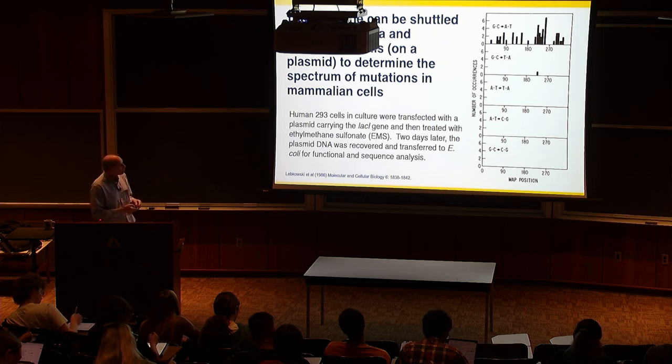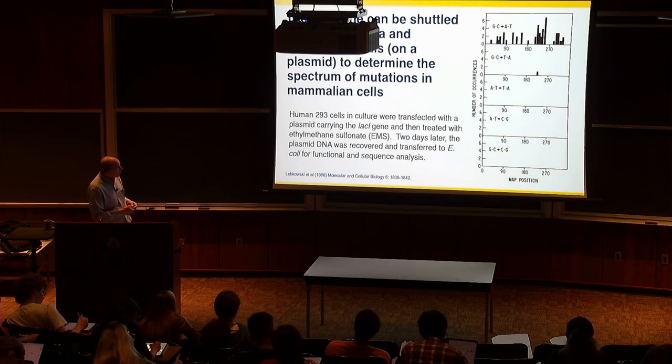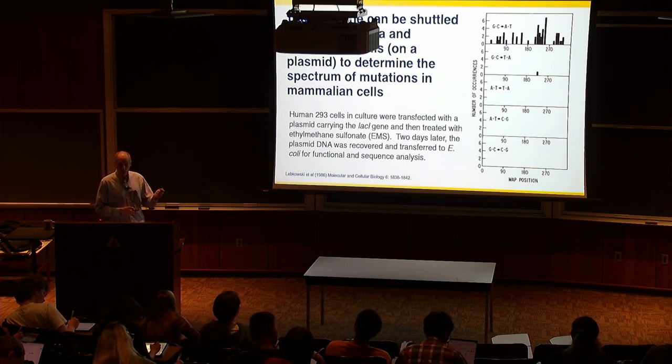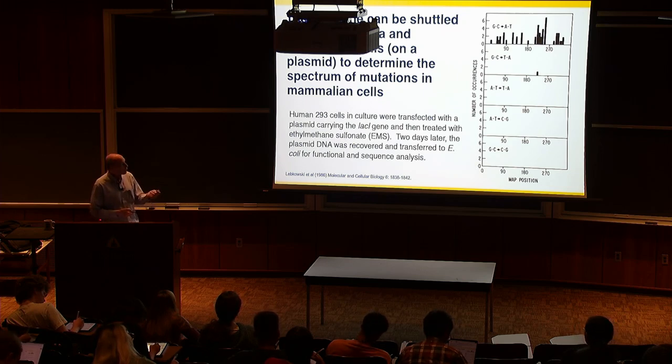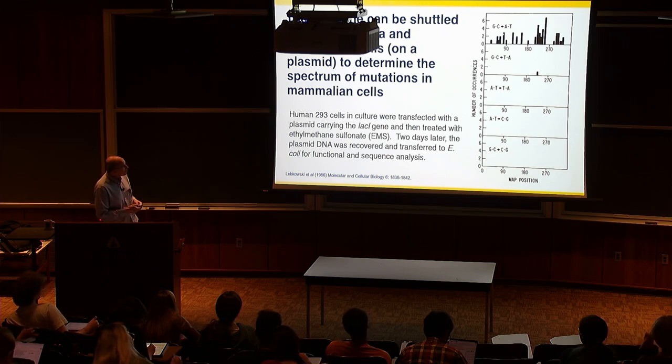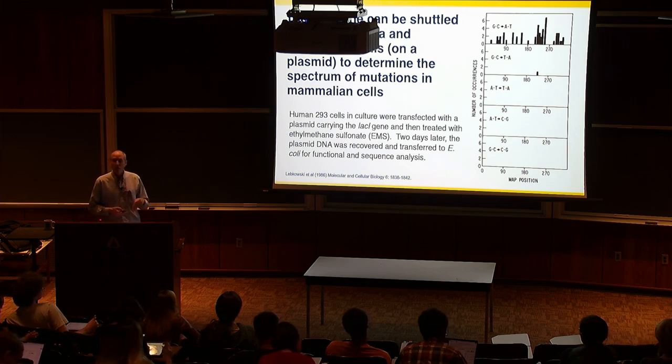So this is done here, and what you see is, for example, if you treat mammalian cells, this happens to be human 293 cells in culture, that have been transiently transfected with a plasmid that encodes the lac repressor, and then wait a couple days, and here they've been treated with ethyl methane sulfonate, put them back in E. coli, and then look for those plasmids which are lac mutants.